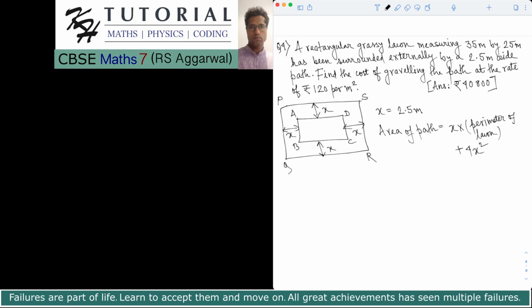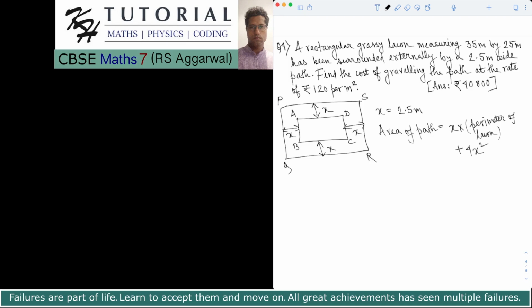Now I am solving this problem using the formula, but please remember that in your class or in your school exam you must find the area as the area of the rectangle PQRS minus the area of the rectangle ABCD. For the area of the rectangle PQRS, you have to find the dimensions.